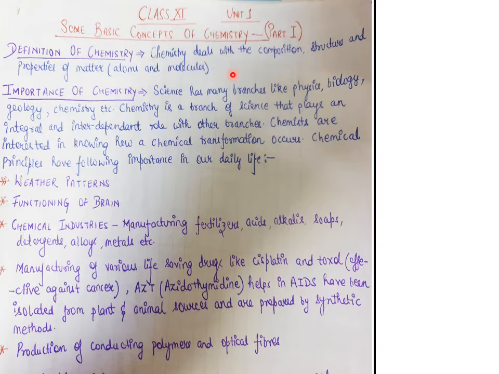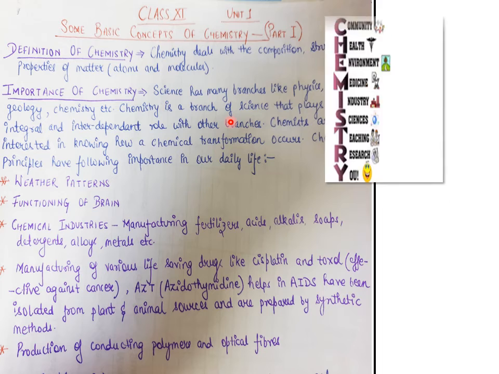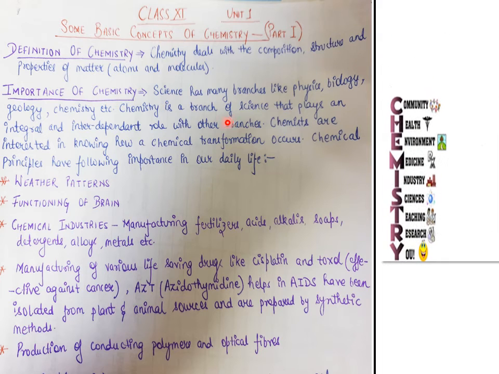Okay. So let's understand now what is the importance of chemistry, why I need to study chemistry. Now please remember, chemistry as such is divided into three particular categories. One is called inorganic chemistry.